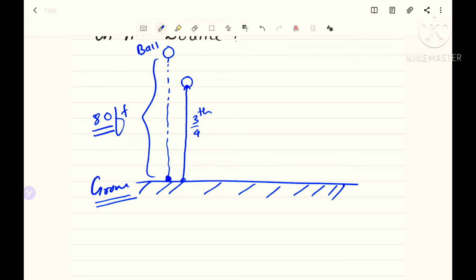Then the ball will reach up to this point. Then once again it comes back to the ground, and then it reaches the next level, which is also 3/4 of that second height. Then this is the third height. Then once again it reaches the ground, and then it achieves 3/4 of this third height, which is the 4th.